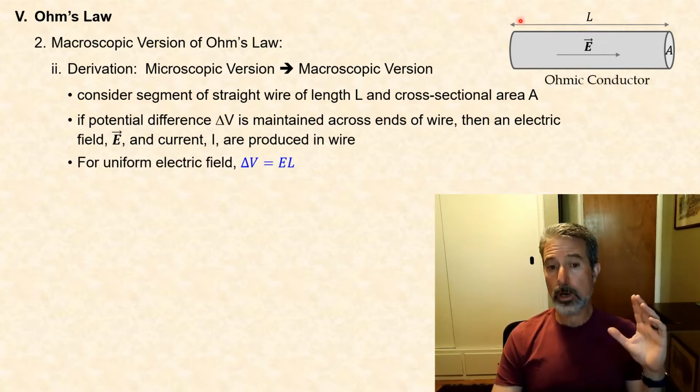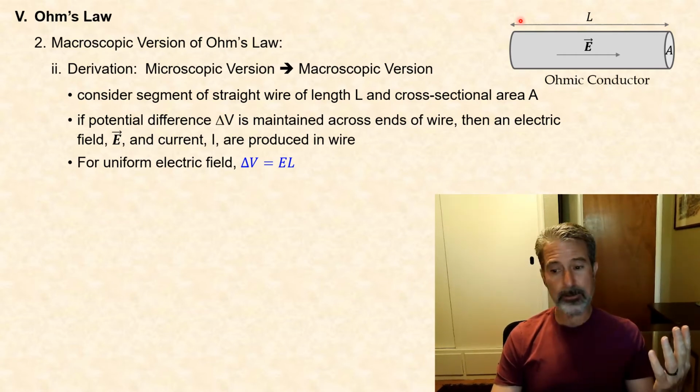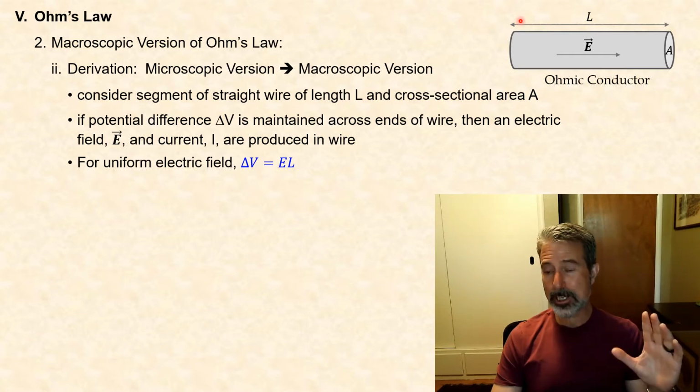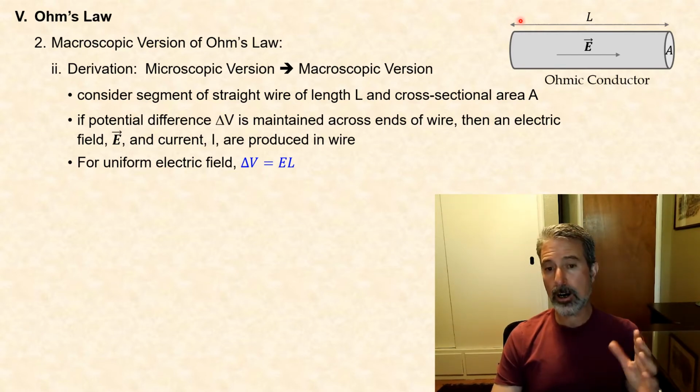Remember we said that for a uniform electric field, and this is one of the assumptions we make with Ohm's law, we have an expression from our unit on electric potential difference. In electric potential, we showed that for a uniform field, the electric potential difference goes like the field strength times, in this case, the length of our wire, if we're talking about the potential difference impressed across the ends of the wire.